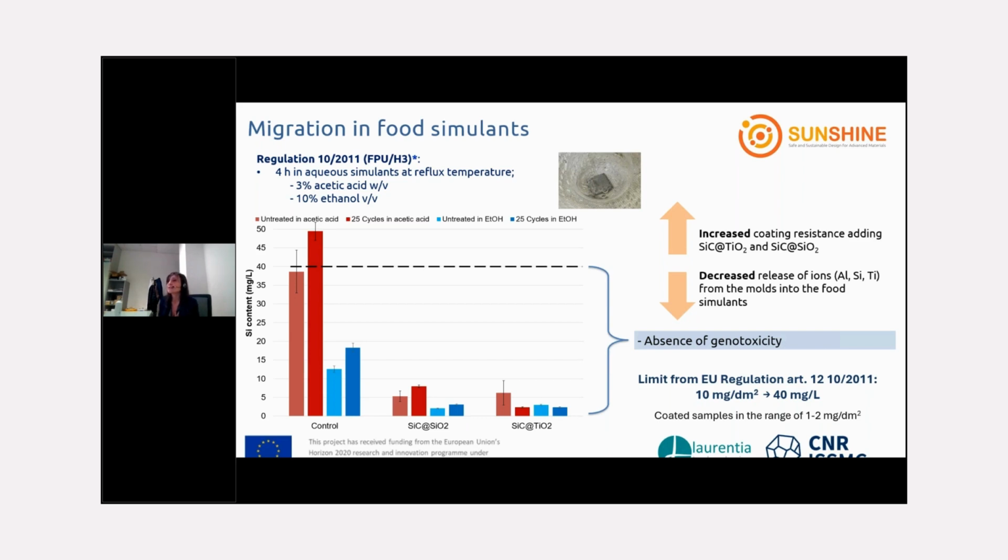All the results show that both materials are far lower than the limit allowed by the regulation. And the data also showed that the presence of nanoparticles in the coating mitigates the release in general of different metals, also from the aluminum molds.